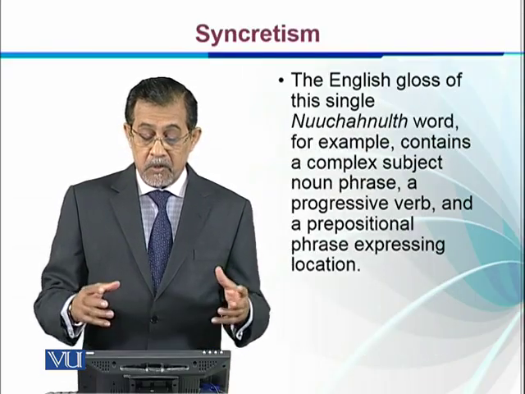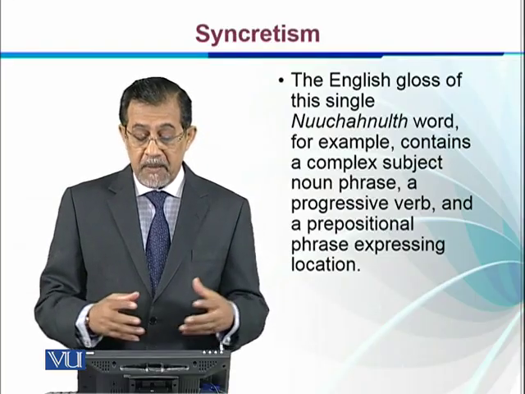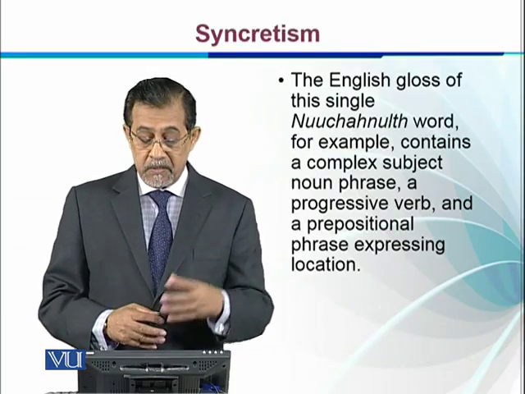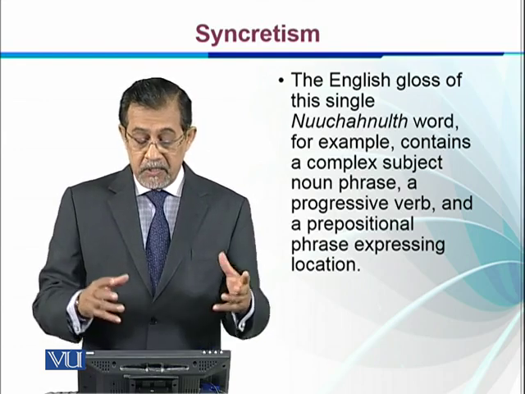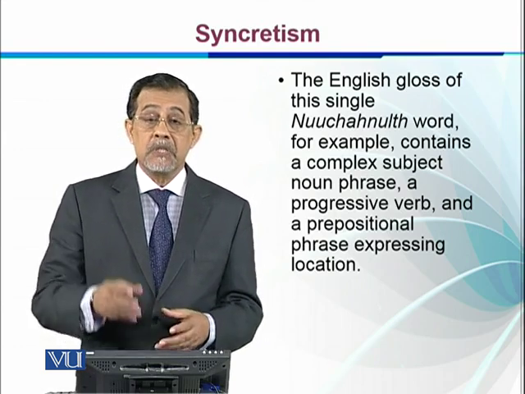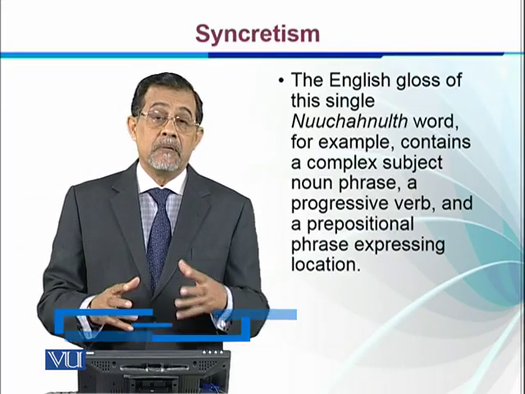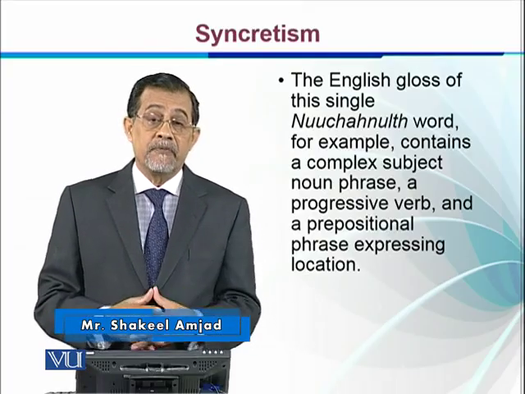So the English gloss of this single Nuuchahnulth word, for example, contains a complex subject noun phrase, a progressive verb, a prepositional phrase expressing location. So this single word gives the whole syntactic function of the sentence.